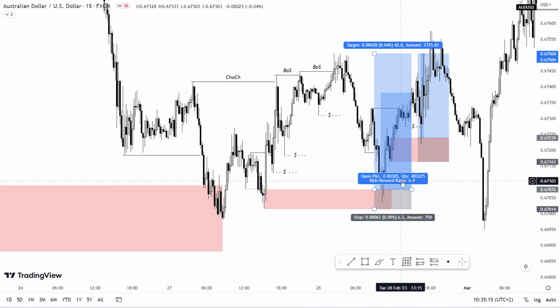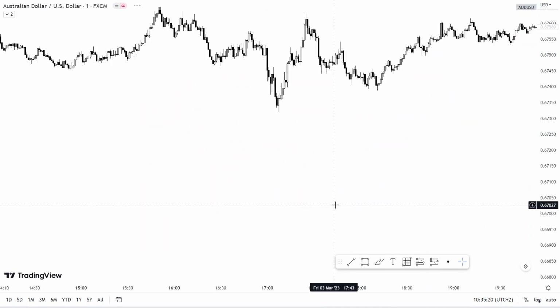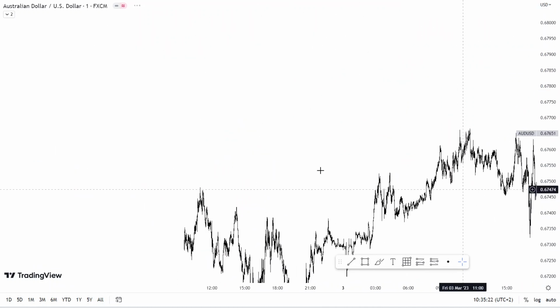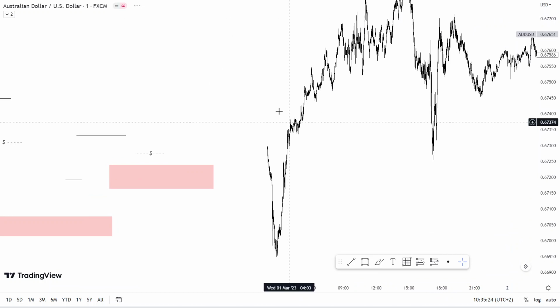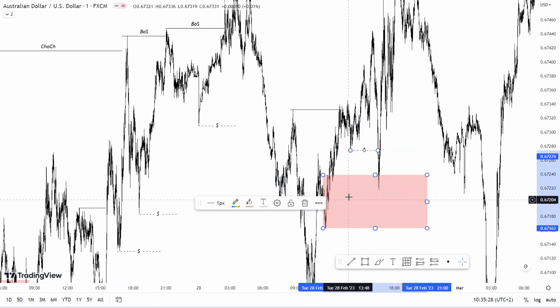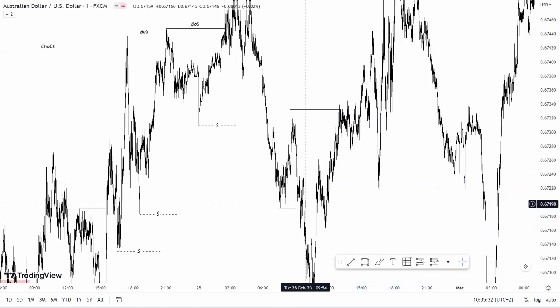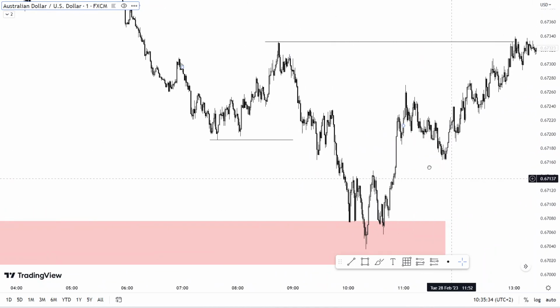So 1:7. But we're gonna go to the 1 minute chart and see how you would have refined your entry, how you would have got your entry confirmation, right?